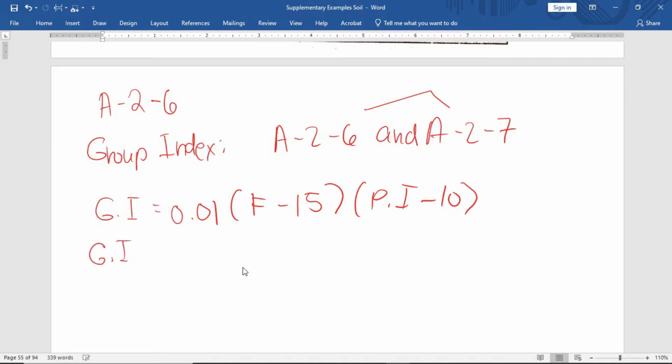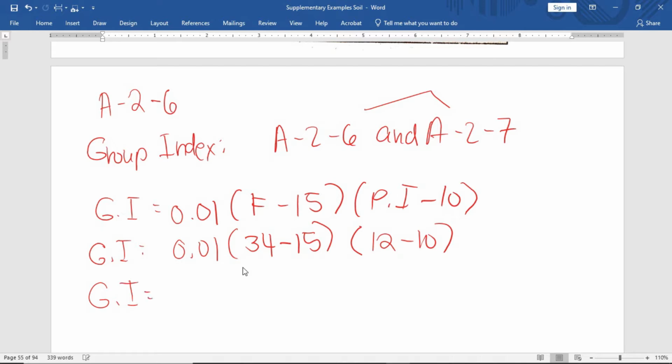So, input lang natin. Lalabas is 0.01 times percent finer is 34 minus 15, times PI natin is 12 minus 10. So, GI natin is 0.38.